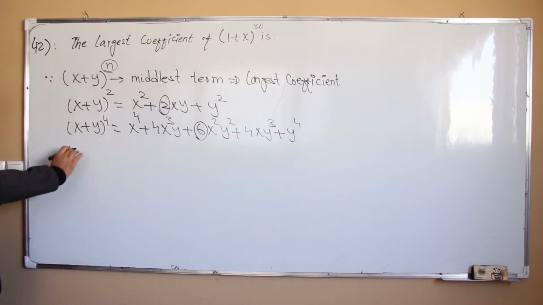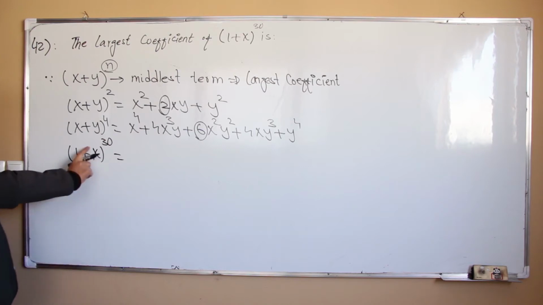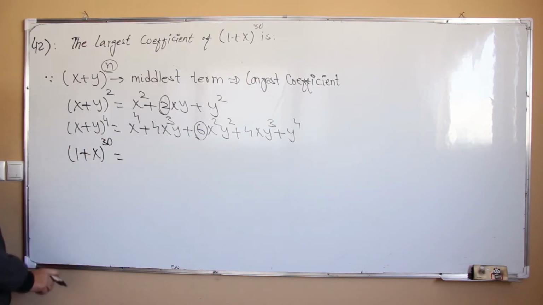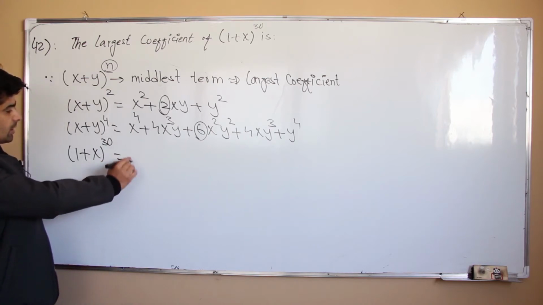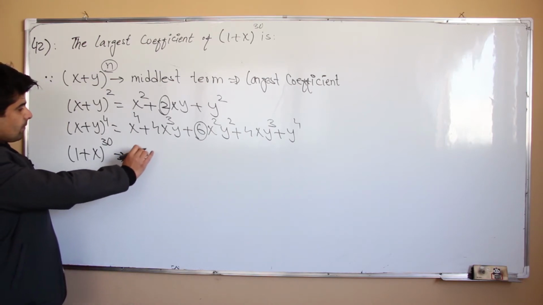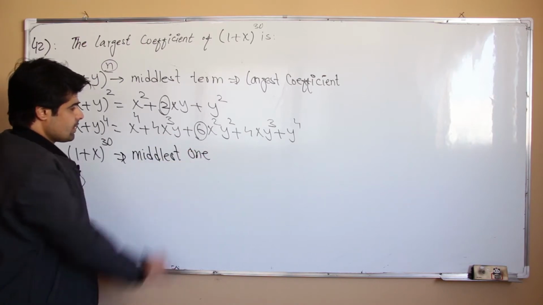In here, (1 + x) raised to the power 30, the coefficient of this one is 1, this is also 1. So the middle term is the largest one.